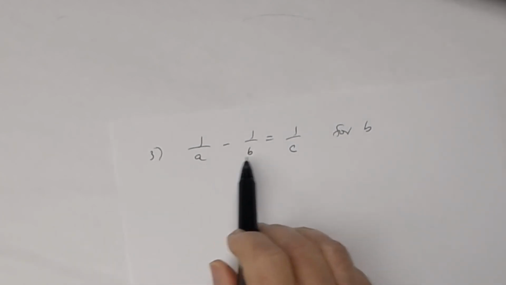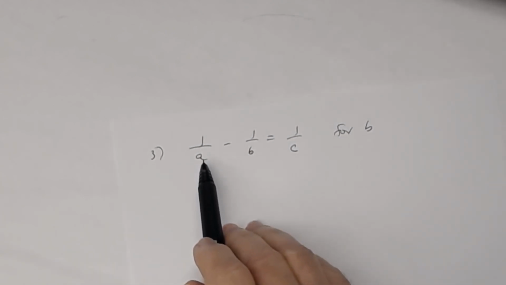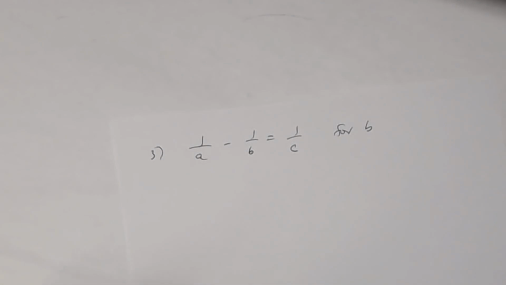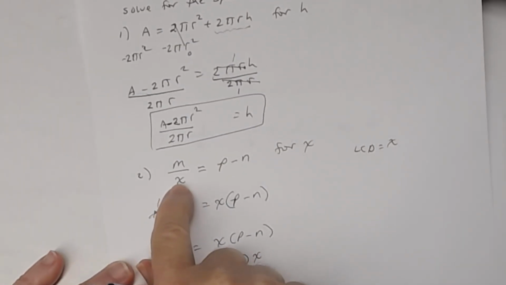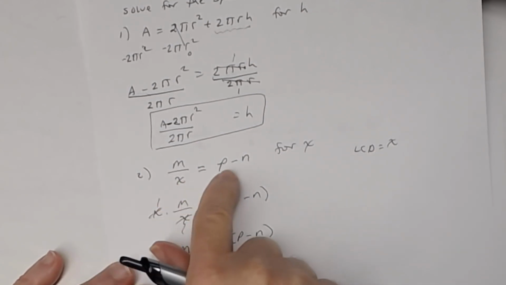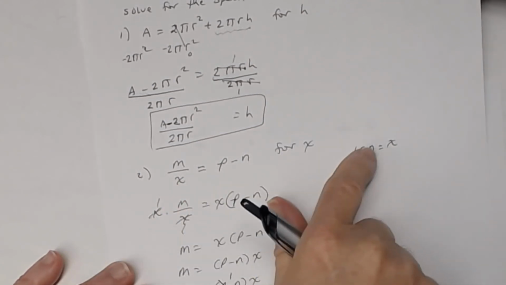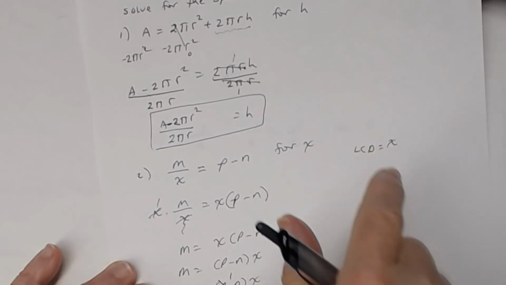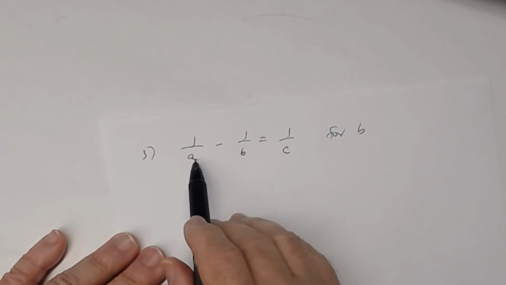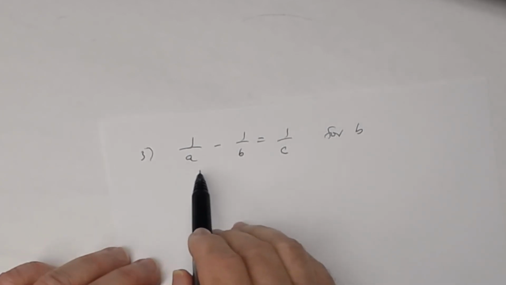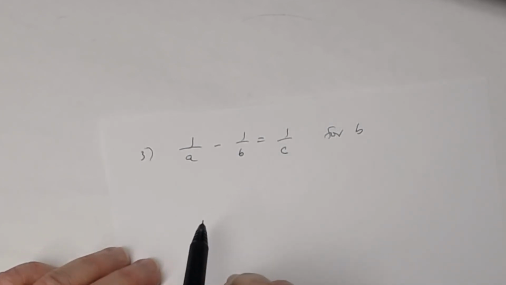Now notice I have fractions again, but this time, versus the previous problem, the only factor in all those denominators other than 1's was x. So notice I had the LCD just being x. Whereas over here, every denominator has a factor that's distinct. This is a factor of a, this is a factor of b, this is a factor of c.